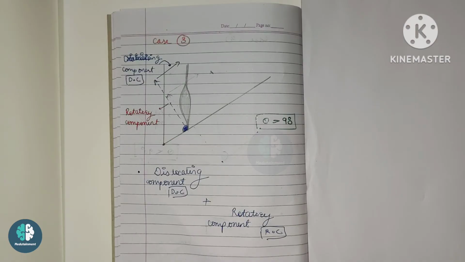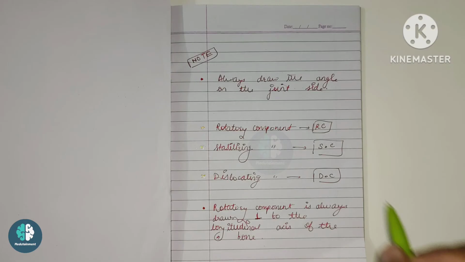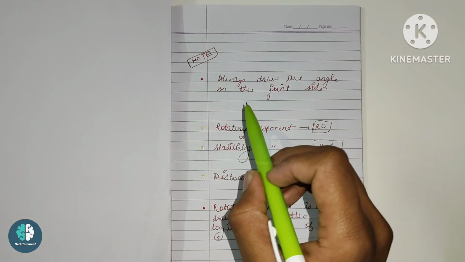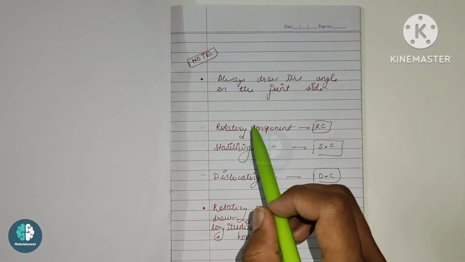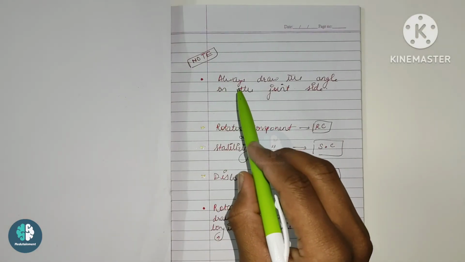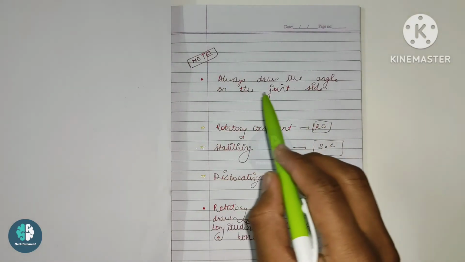Now at the last, I want to make you aware of some points as far as angle of pull is considered. Here are some points you have to note when you are studying the angle of pull. First is, always draw the angle on the joint side.